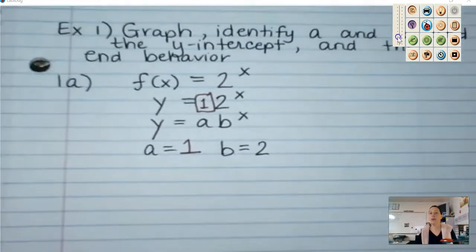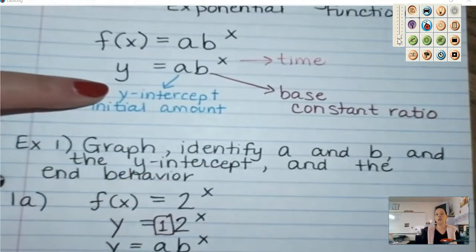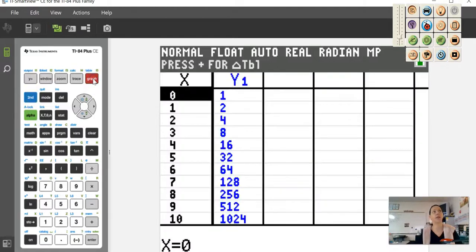Also, to help you with that, a is always the y-intercept. So if you look at your graph, or you can go into your table. To go into a table, we hit second graph, and it'll take you to your table. If you're on Desmos, you hit the gear shift over where you wrote your equation.